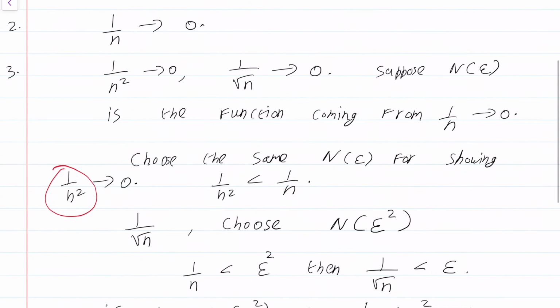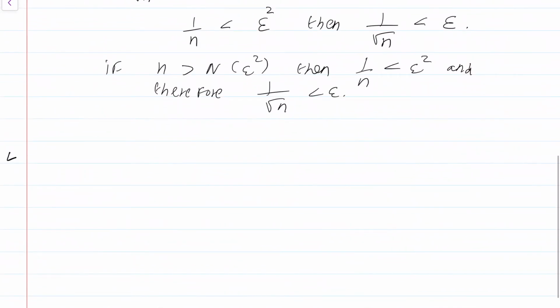Okay. 4. 1 plus or minus 1 by n. Well, this converges to 1, this sequence.